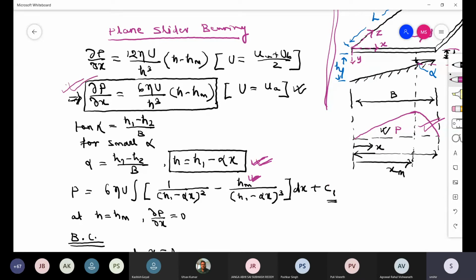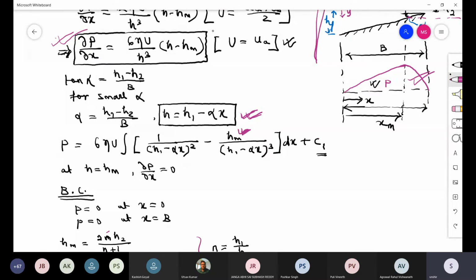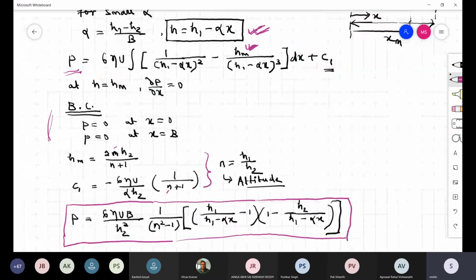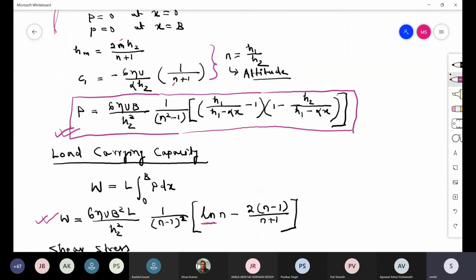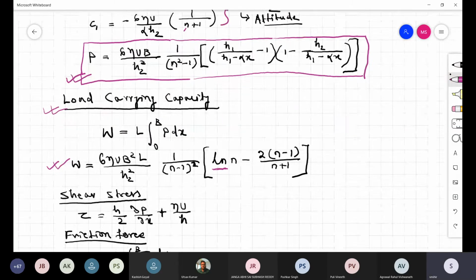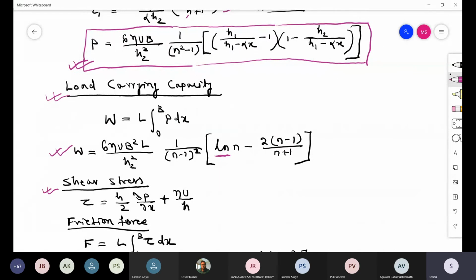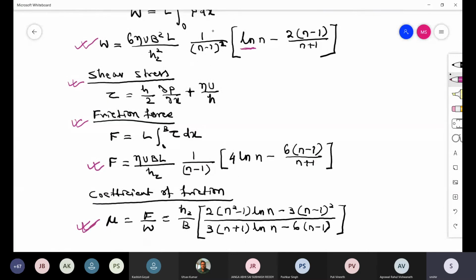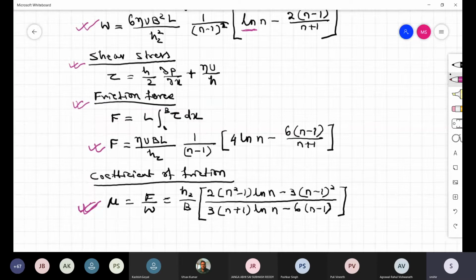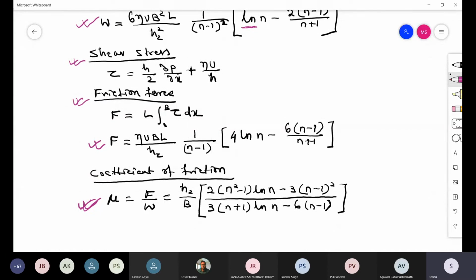Now integrate the Reynolds equation to find P, using proper boundary conditions depending on the type of problem. Then you will find the final form of pressure. Once you find the pressure profile, find the load carrying capacity. Then find the shear stress, which will give you the friction force and ultimately the coefficient of friction. So these are the parameters that you have to find out for a plane slider bearing.